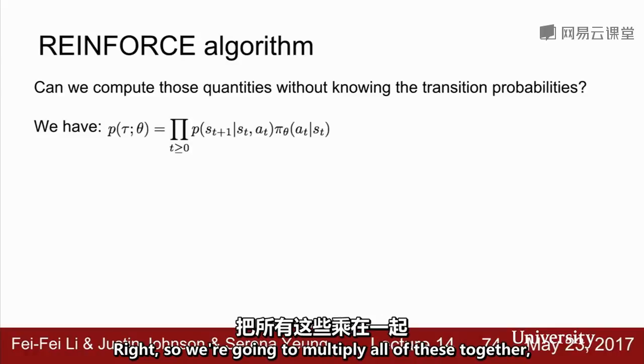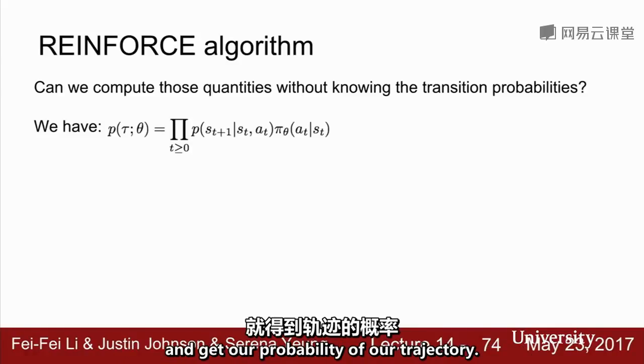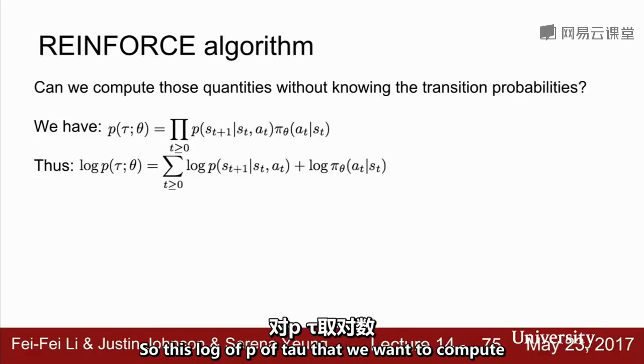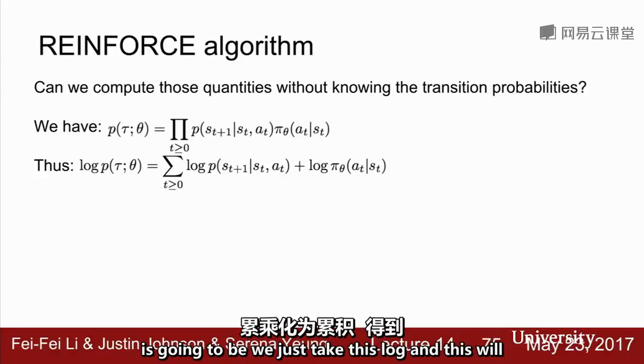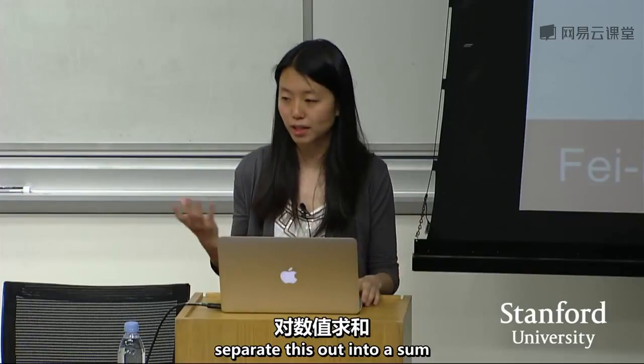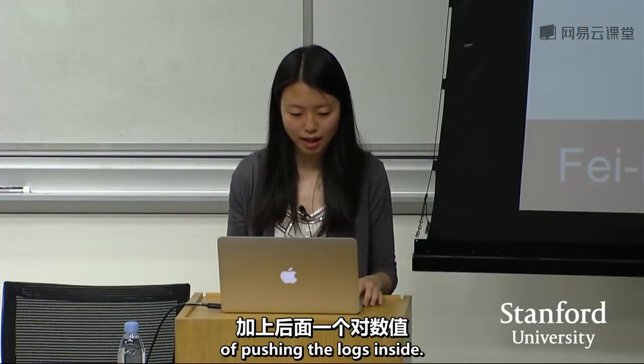We multiply all of these together to get the probability of our trajectory. So for the log of p of tau, we take the log, and this separates into a sum by pushing the logs inside.